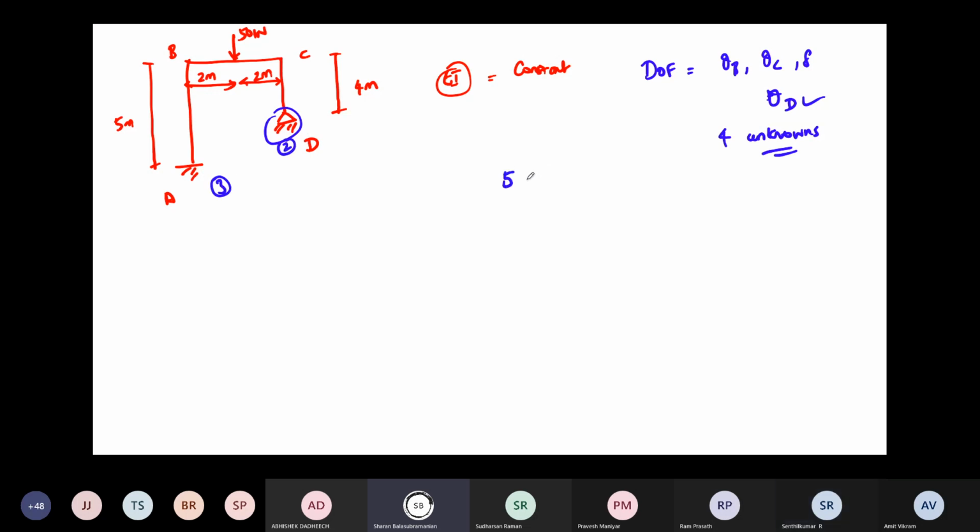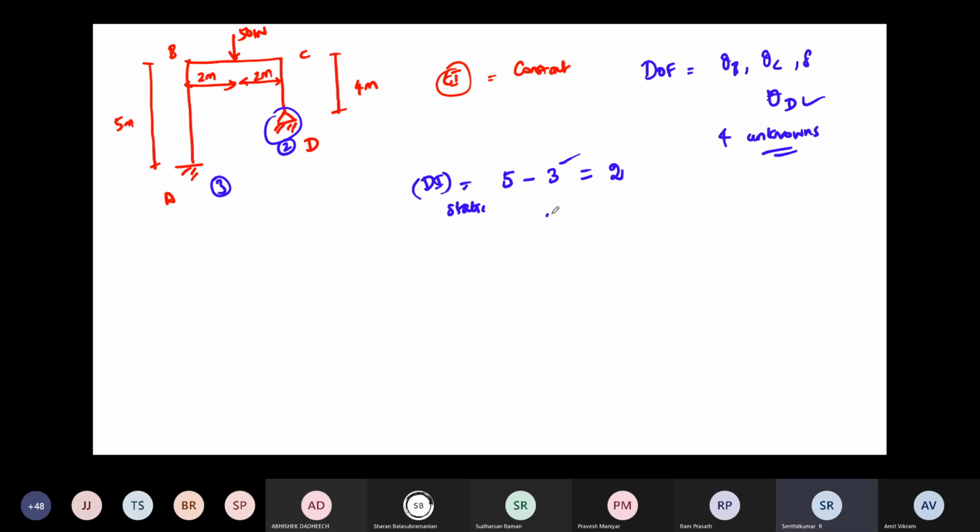Then minus the number of equations, you know that, right? Then 2. This is the degree of static indeterminacy. 3 unknowns, here 2, 3 plus 2, 5, minus 3 equations already available, that will be equal to 2.